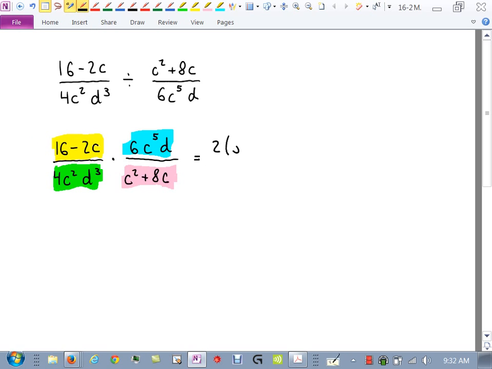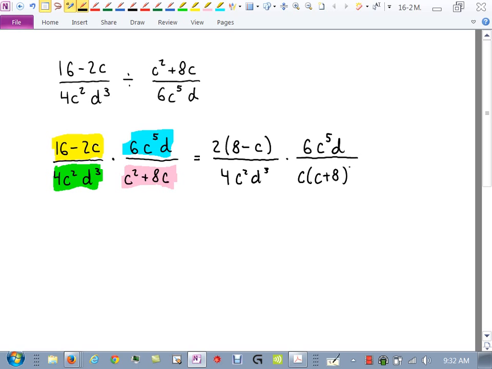That'll leave us with 8 minus c. Denominator, that's only a single term, right? 4c squared d cubed. Can't do anything with that. Top right, single term. Bottom right, factor c. So GCF out of the 2 terms.